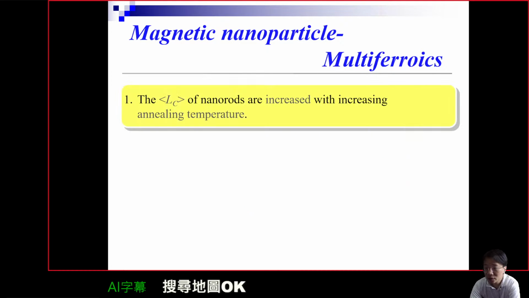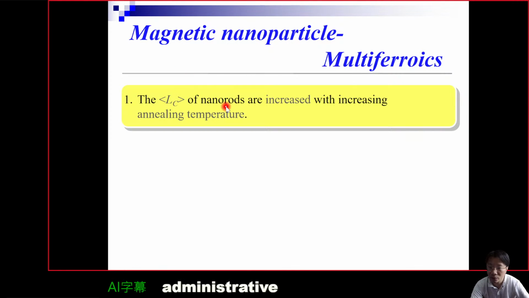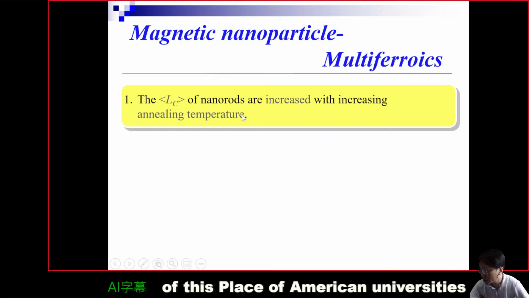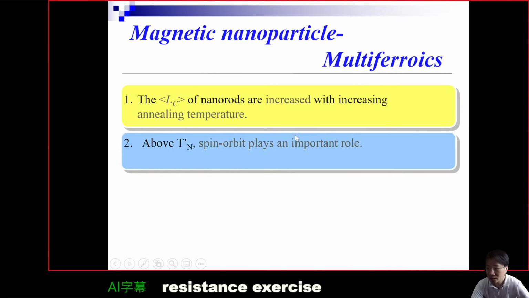Okay, so in here we know the LC means the actual length, meaning the longest length of the nanoparticle or nanorod. It will increase with increasing anneal temperature. So the anneal effect will increase the size. And the TN tells us the spin-orbital interaction is very important when the ambient temperature is above the TN.